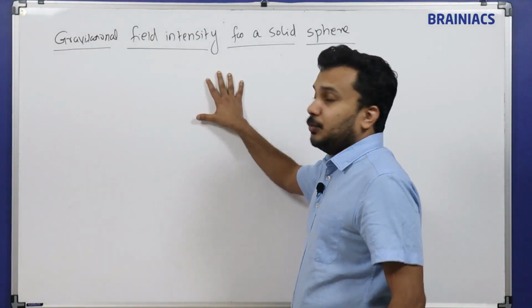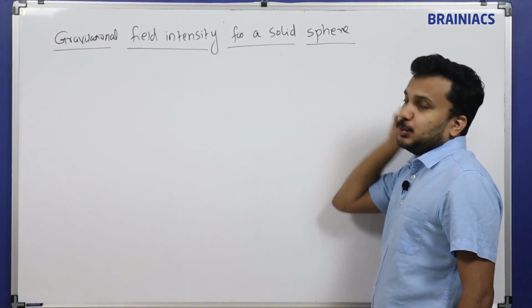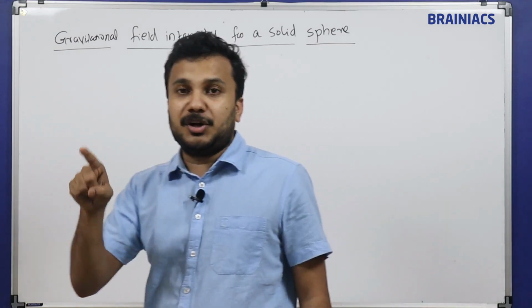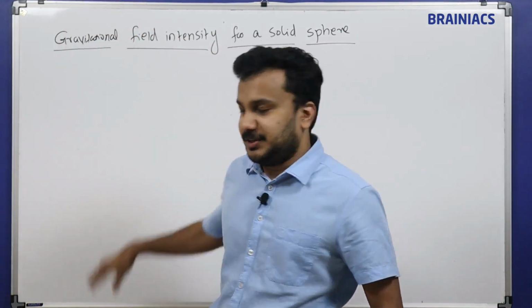Okay, so we are going to find out the gravitational field intensity for a solid sphere. We are going to locate 3 points: inside, surface and outside.